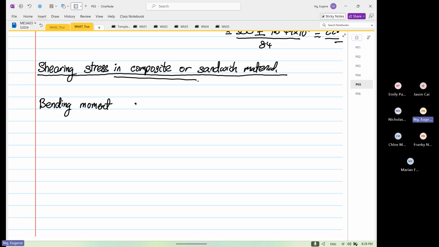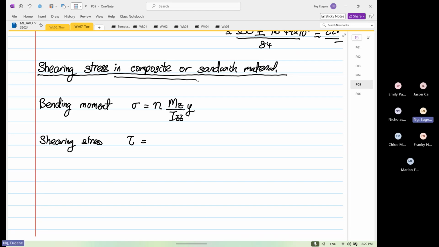If we consider bending moment, the equation for normal stress for sandwich material is we have this N, then you have your Mz over Izz multiplied by y. For shearing stress, we are also very similar.